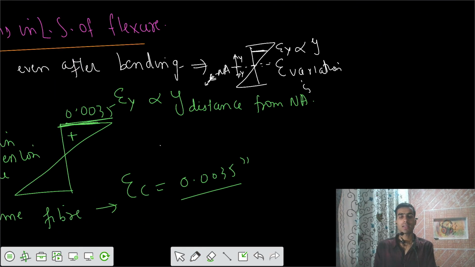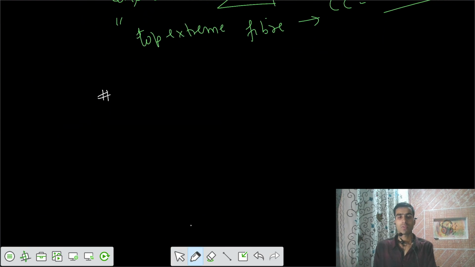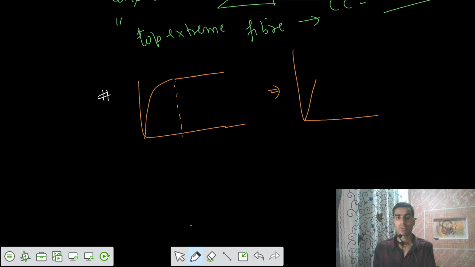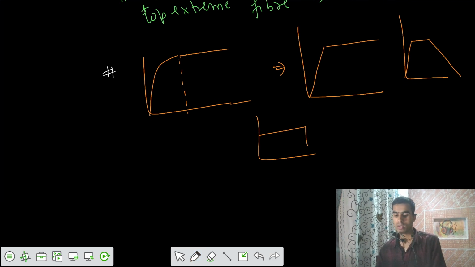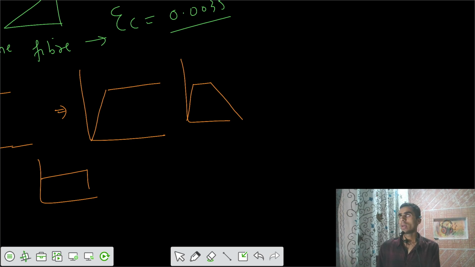Let's talk about that third assumption. The initial part is parabolic and after that we have rectangular. We can assume it in this way also, or we can make it trapezoidal, or rectangular. But we have to ensure that the overall results are in agreement with the test results.